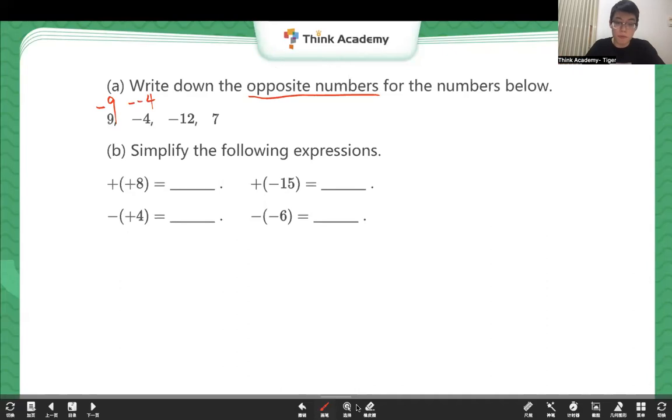And because we know by intuition that the opposite number of -4 is definitely 4, it means that actually -(-4) is equal to 4.